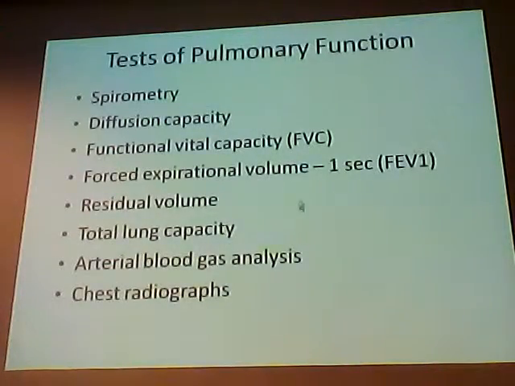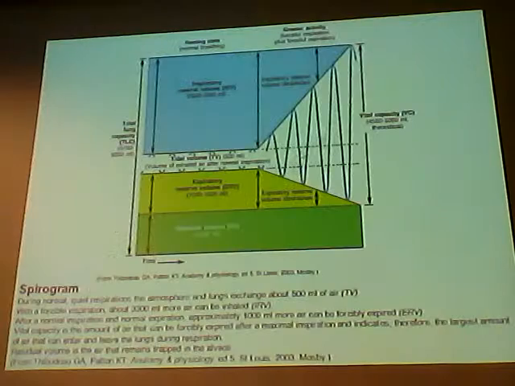Different tests for pulmonary function. The ones you should really know are the forced vital capacity, FVC. So that's like how much volume you could have total, versus the forced expiratory volume, FEV1. So how much you could expire in 1 second of that FVC, of that total.